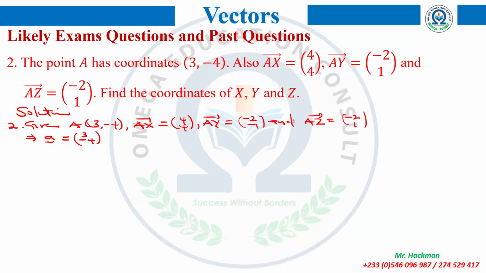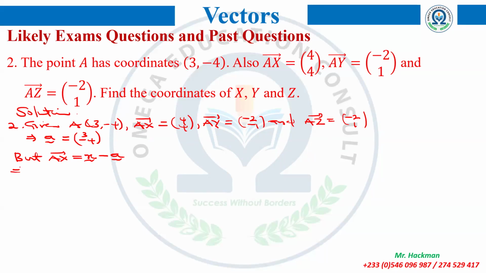Okay, so at this point, if I want to find x, I have to use this vector. Vector AX is equal to what? We know it will be your x tilde minus your A tilde.